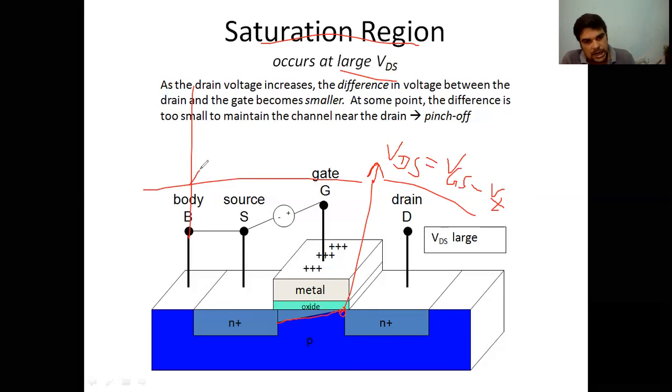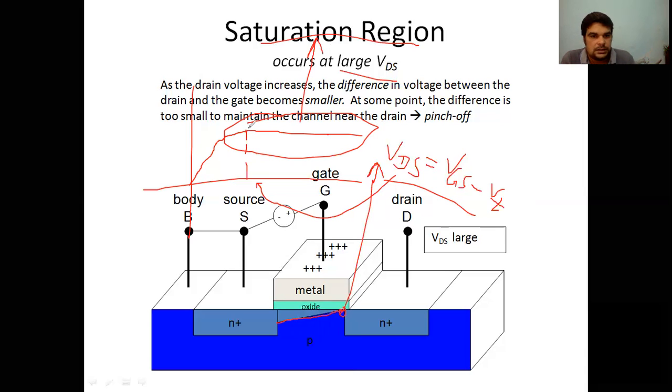So starting with the linear region, then the curved region, and after some value of VDS, equal to VGS minus VTH, we will have a saturated value of current. This particular region is known as your saturation region.